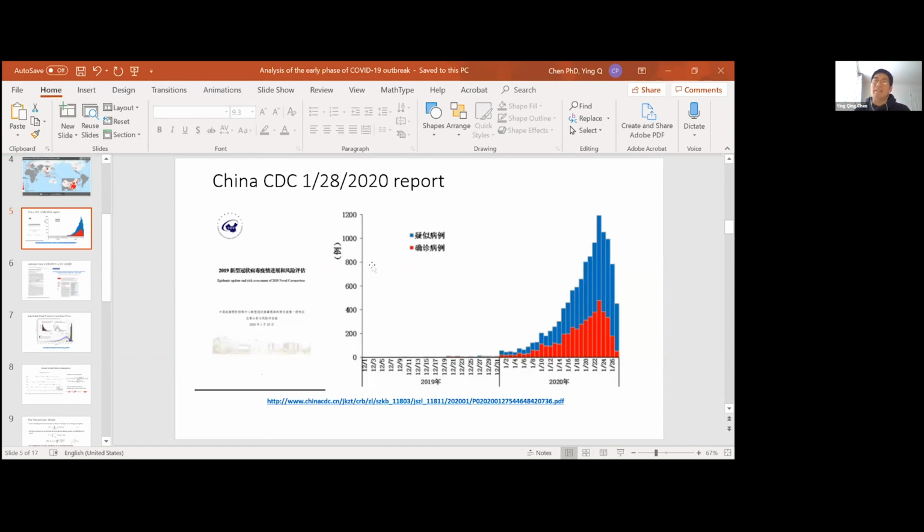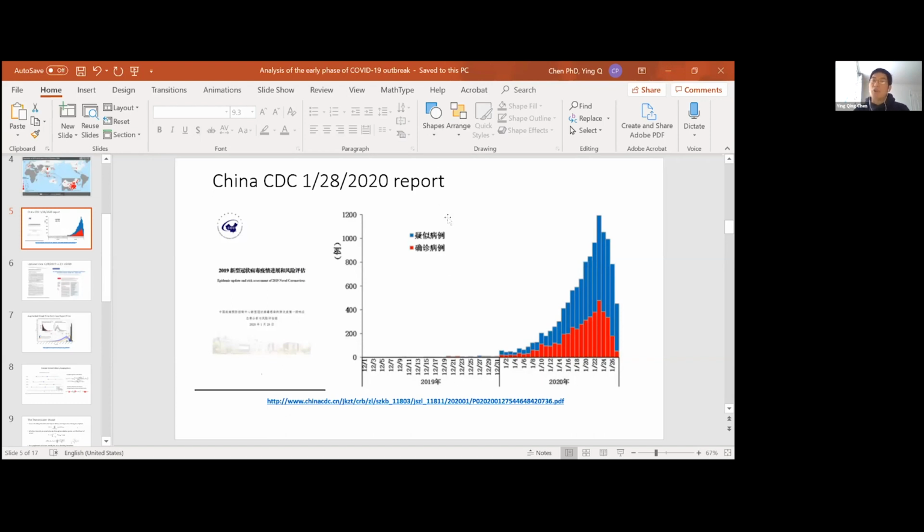Actually, we waited about a week after the city lockdown because we really wanted to see the impact of the city lockdown. At that time, nobody actually knew what a city lockdown really means, because that had not really been used in modern epidemiological studies or prevention intervention strategies to lock down a whole city with over 10 million people.